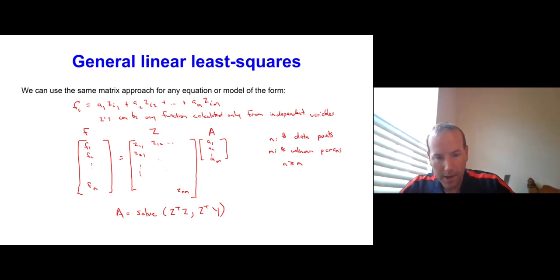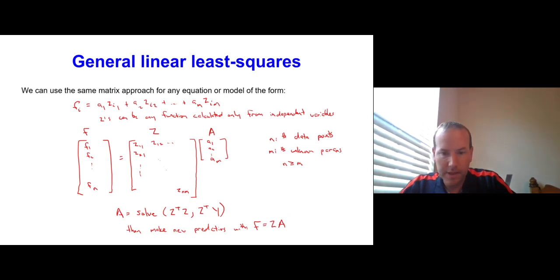Once you've got the A's, you can make new predictions by repeating this equation. You calculate new z's, which are the new places where you want the prediction, and then you multiply that with A to get f's.